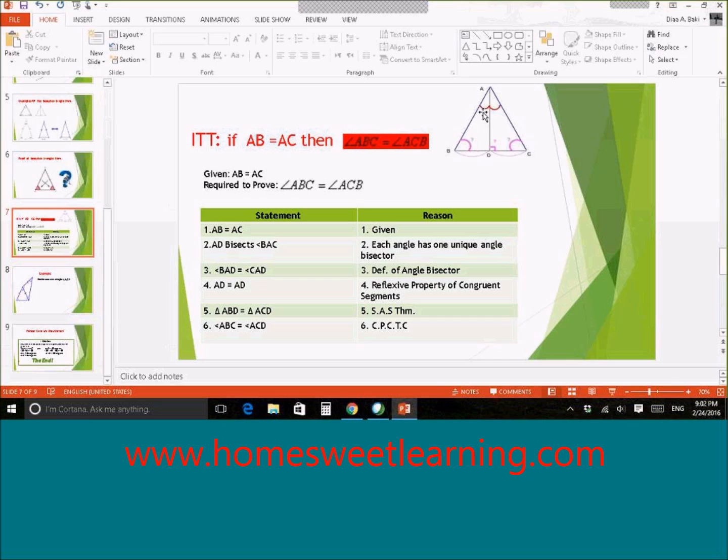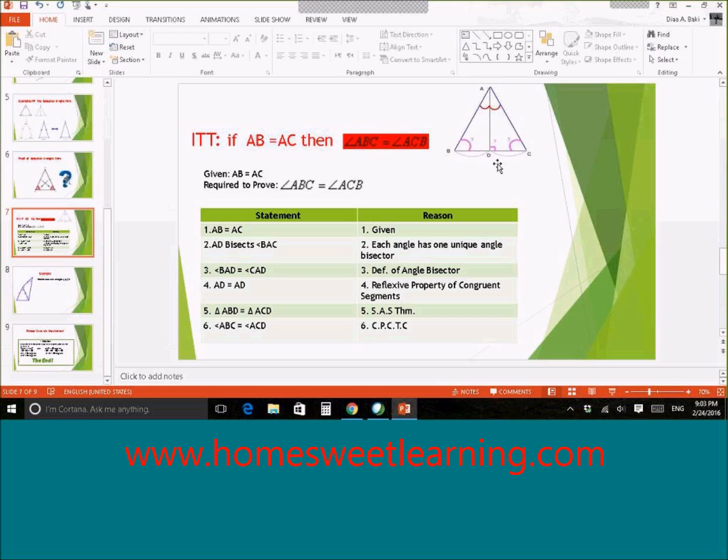This angle is congruent to this angle by definition of angle bisector. So I have up till now a side and an angle. I need another thing, either another angle or another side. So let's look. Yes, we have one side: AD. AD is common to both triangles. Both share the same side. So AD is congruent to itself.